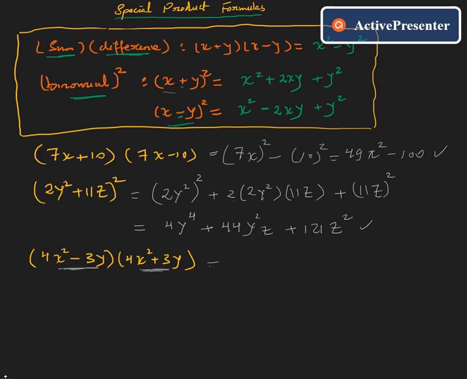So we can say the first term square minus the second term square. So it should be (4x squared) all squared minus the second term square, which is (3y) all squared. So this is equal to 16x to the power 4 minus 9y squared.